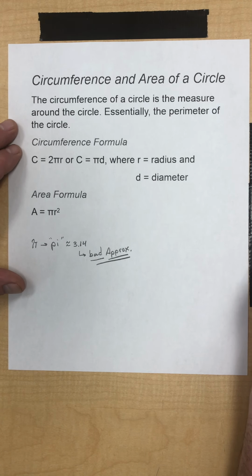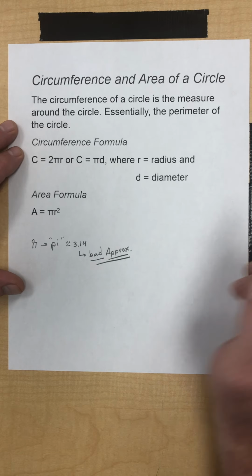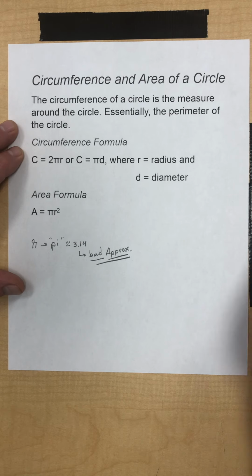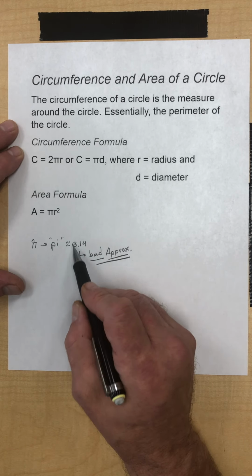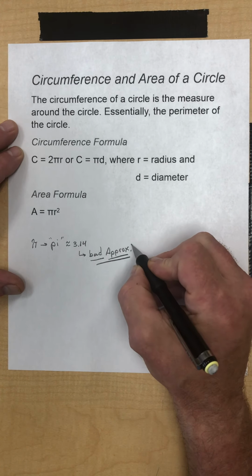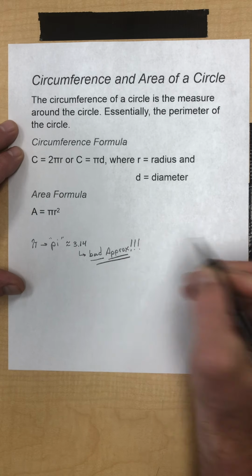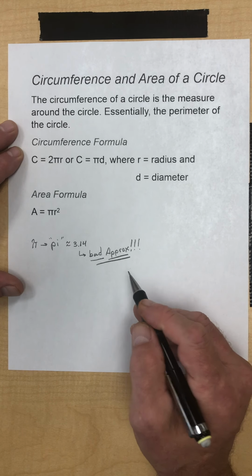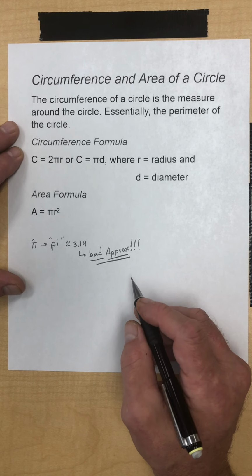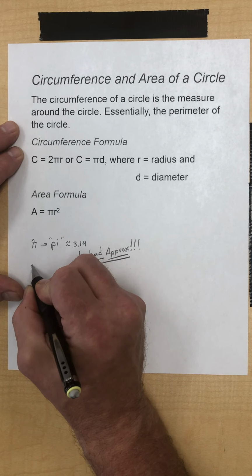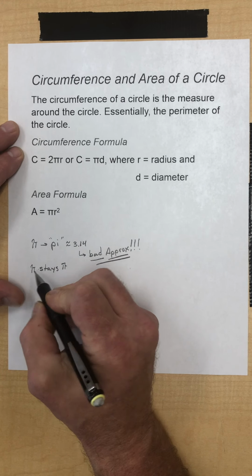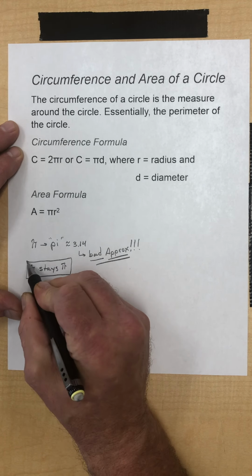The reason is that pi is a decimal number that goes on forever and never repeats. So we'd be rounding it off to 3.14, which is a very bad approximation. So in all of these problems that we do with circles, we leave pi as pi. This pi just stays pi, and therefore our answers are exact.